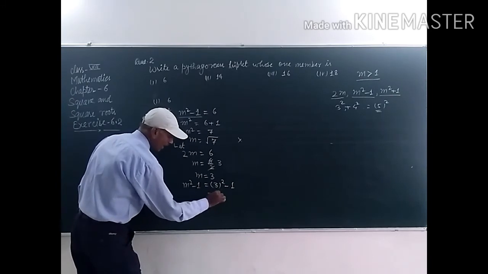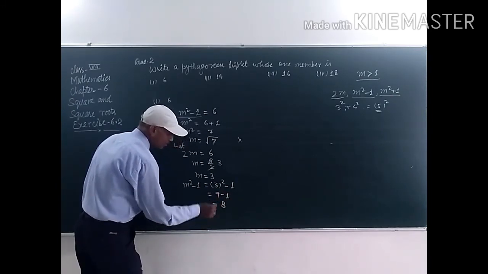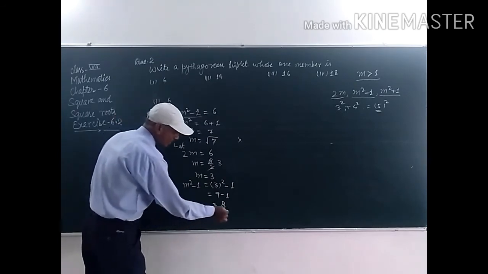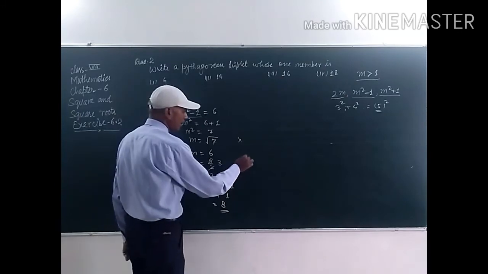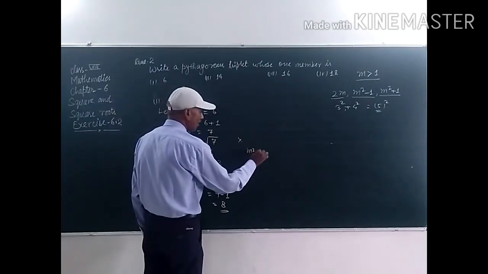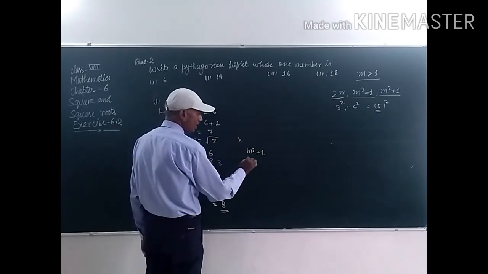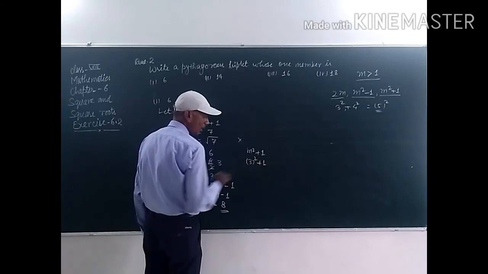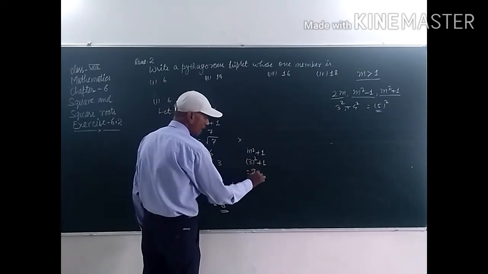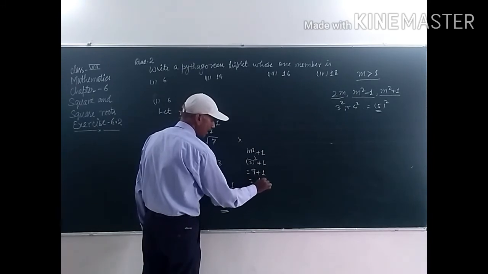So it will be 9 minus 1, that is 8. So we find two members: this one, 8, is the second member, and m square plus 1 is the third member, and 3 square plus 1 is equal to 9 plus 1, it is 10.